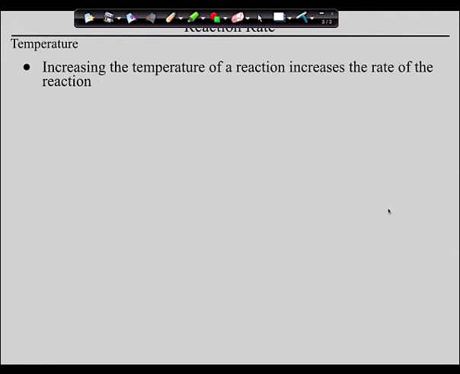Guys, do y'all understand that this is why you all have a refrigerator at home? Because if increased temperature makes the reaction rate go up, what does decreased temperature do? Makes it slow down. And what reaction are you trying to slow down when it comes to your food? Rotting, right?